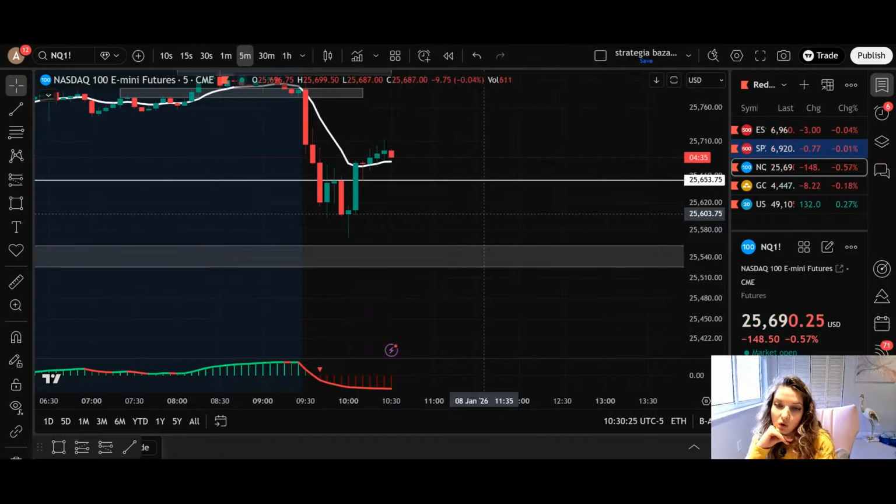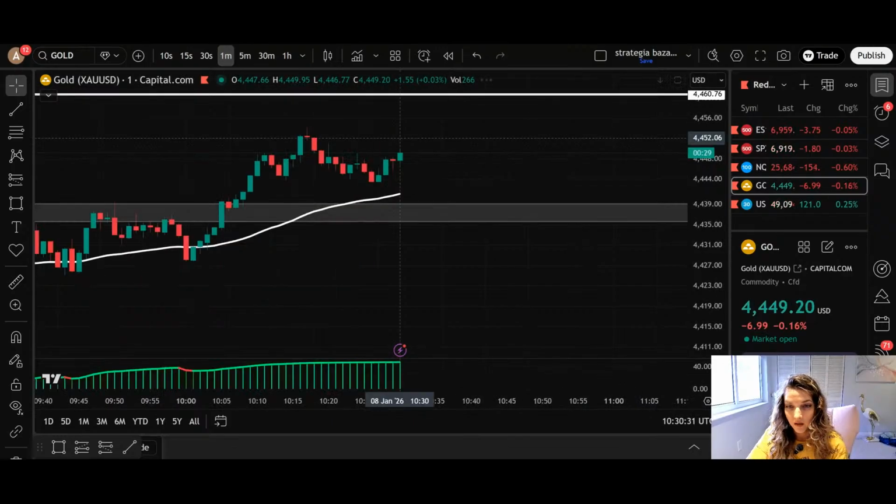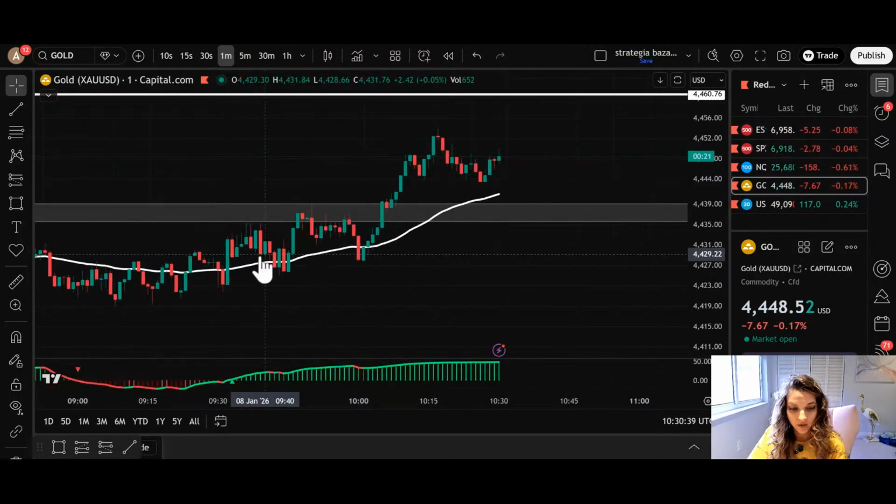New York session, gold buy entry target. Let me see what you're saying here. Gold for 429. So around this area. If it gets back to this area.